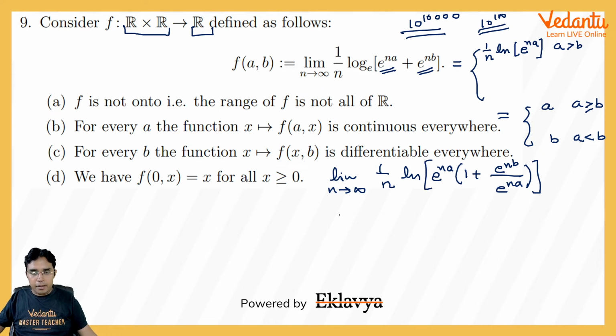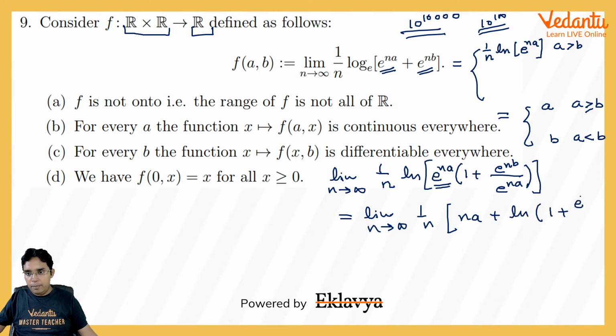Then, using the property of log, I can write this as na plus ln of 1 plus e power nb upon e power na. Now you can see n will cancel, with limit n approaches infinity.